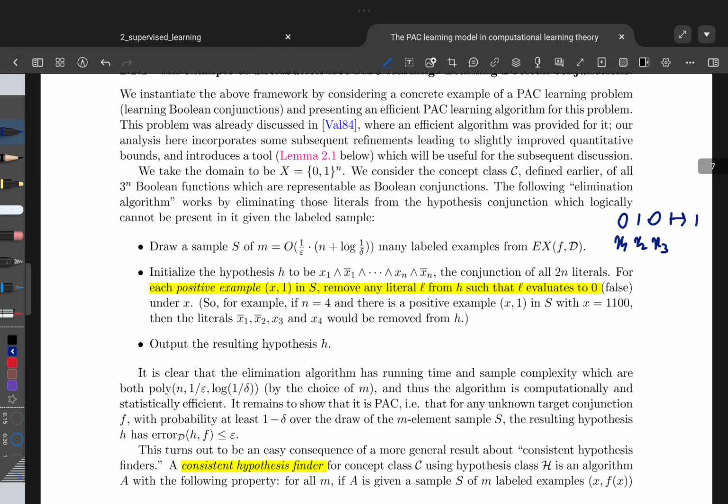What if 1 1 1 maps to 1? In that case, x1 and x3 information is not sufficient. If a training sample 1 1 1 exists which maps to 1, from that information I will say x2 is 1 and the remaining options are eliminated.